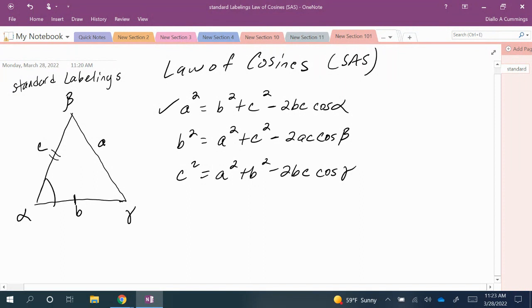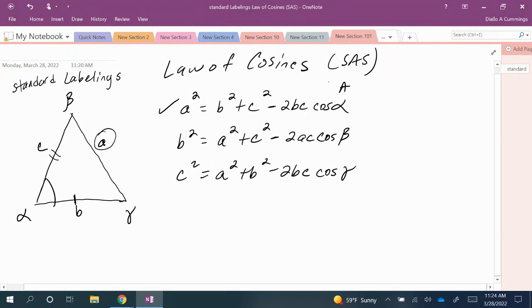If we look at the first formula and want to find side length a, we would be given side length b, side length c, and the angle included between the two side lengths.